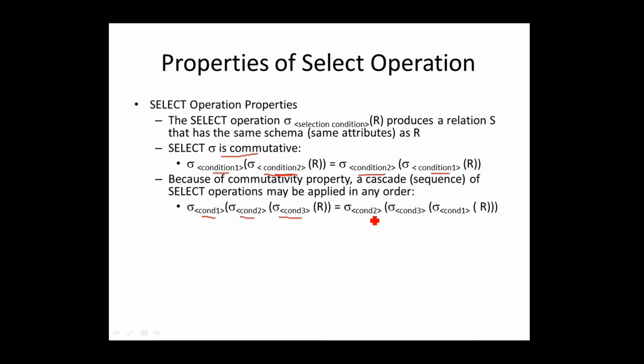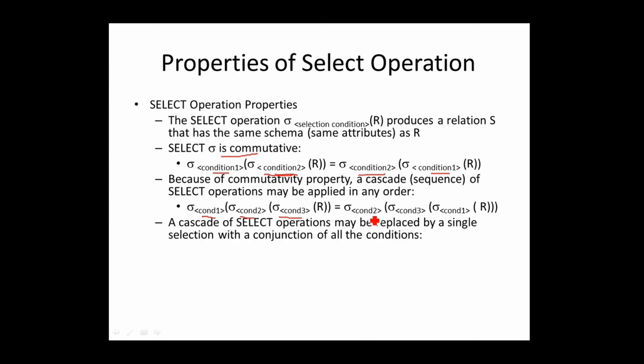You change the conditions and you apply that, but then the result is going to be the same finally. These are some properties which we may be using in heuristic query optimization and the query optimization algorithm we'll be learning. That's why we're just having an understanding of all these properties of the select operation.